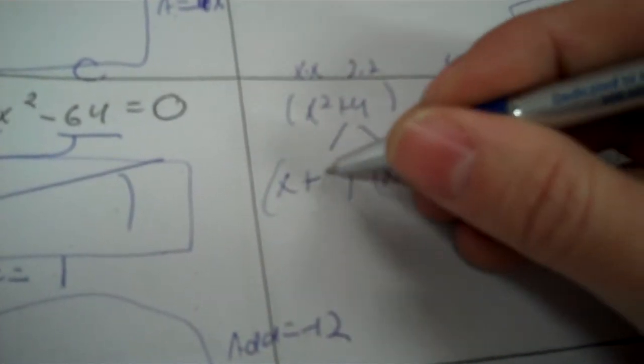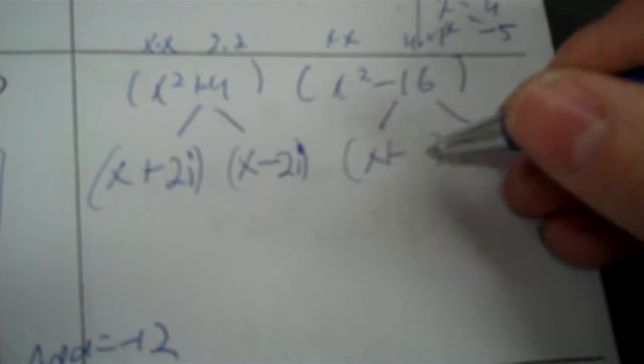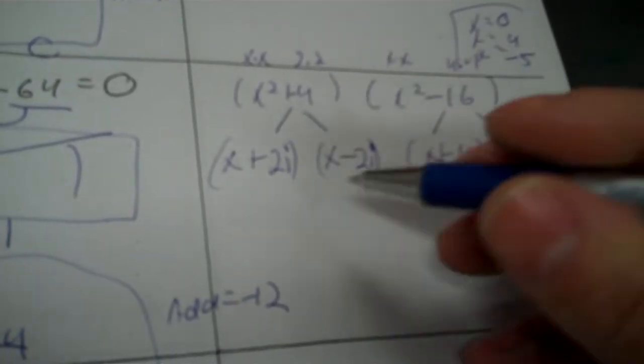Those are kind of branches. x, x, 2, 2. Now you got to check, if you have a plus sign, you got to put i, okay? x, x, 4 and 4. And if you have a minus sign, you leave the i out. So those are all your factors. You got 4 of them, which makes sense because you got 4 roots. We didn't do a GCF, okay?